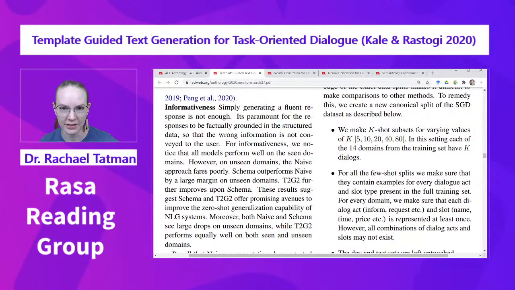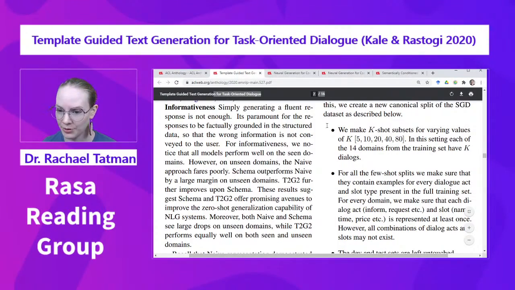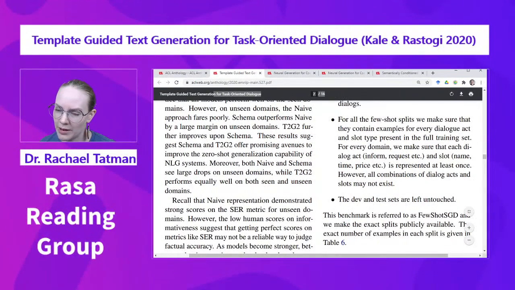So you're seeing 5 examples from 14 domains, 10 examples from 14 domains, so 70, 140, 280, etc. total training examples. For all the few-shot splits, we make sure that they contain examples for every dialogue act and slot type present in the full training set. For every domain, we make sure that each dialogue act and slot is represented at least once. However, all combinations of dialogue acts and slots may not exist.